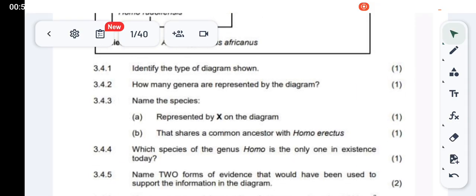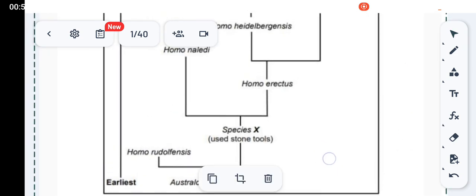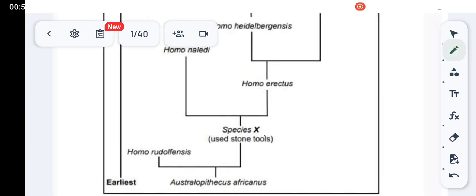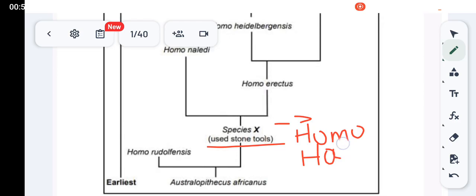Then 3.4.3a. Name the species represented by X on the diagram. So let us see X. Species X says used stone tools. Which group of organisms first used stone tools? We know that is Homo habilis. That is the first group of organisms that used stone tools.